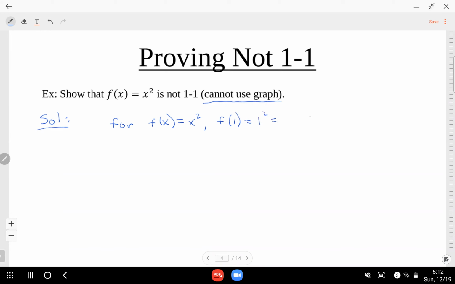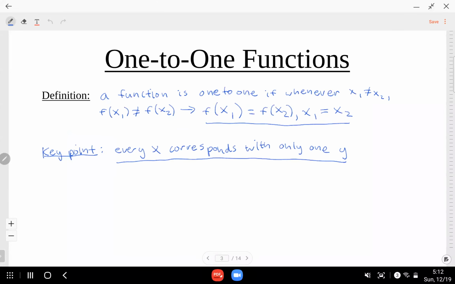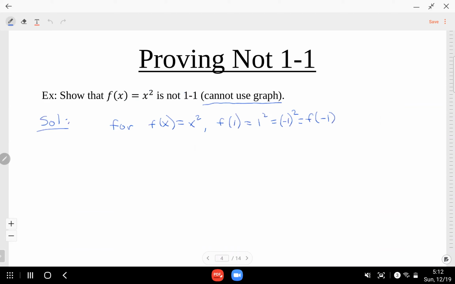However, we can also see that f of negative 1 is also equal to 1 squared, right? And let me remind you of those conditions earlier. When x1 does not equal x2, then f of x1 also does not have to equal f of x2, and that contradicts this condition.